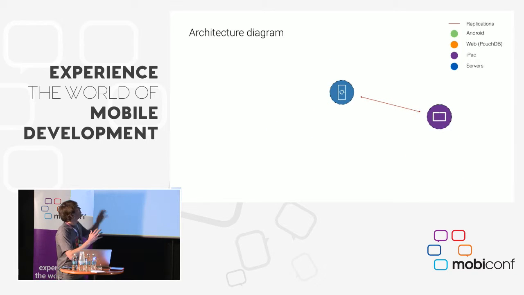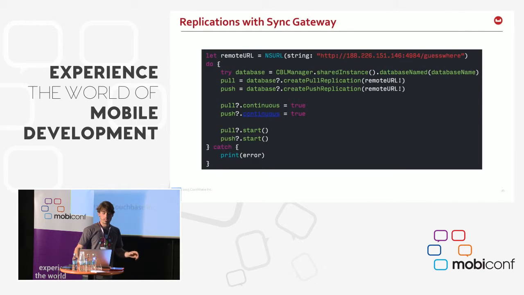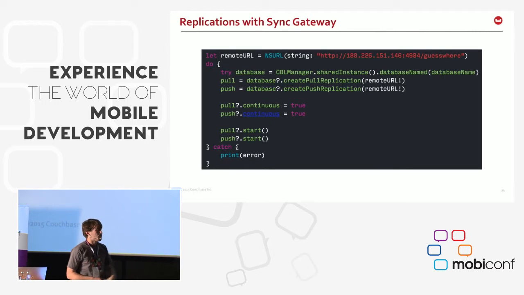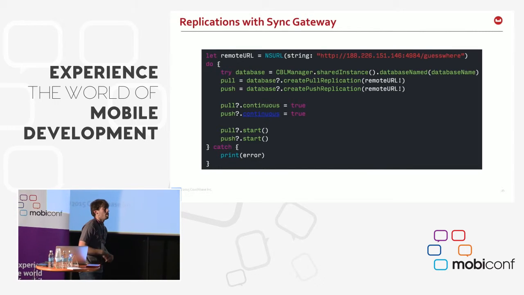So let's take those in different steps and see how it all fits together. There's a bit of Swift code, just because, as I say, I couldn't use two Android devices. Basically here we're doing a replication with Sync Gateway. The IP up there is the IP of the DigitalOcean instance.